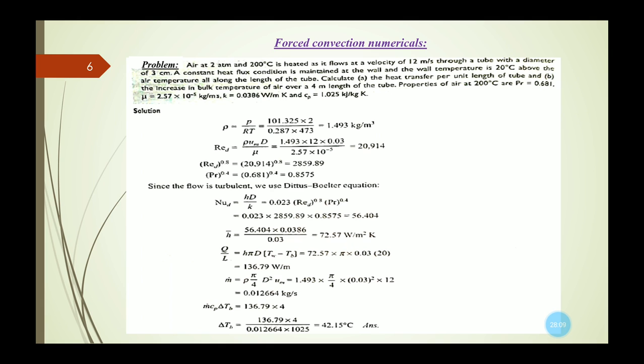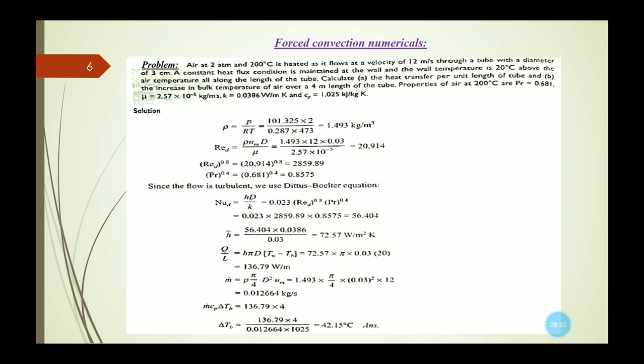Now we need to calculate the increase in bulk temperature of air over a 4-meter length of the tube. For that, first we need to calculate the mass flow rate. So the formula for mass flow rate equals rho pi d square by 4 into u.